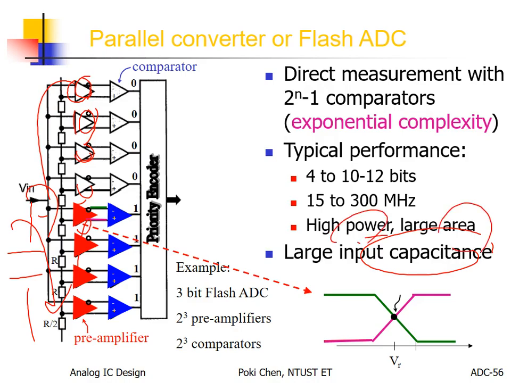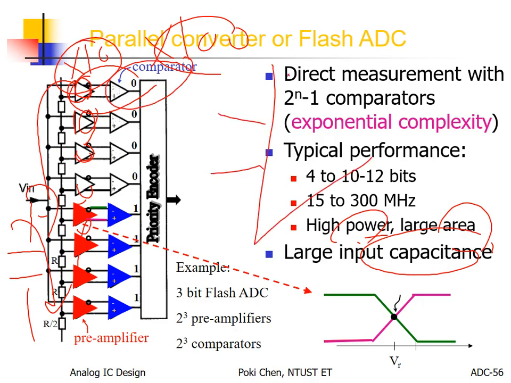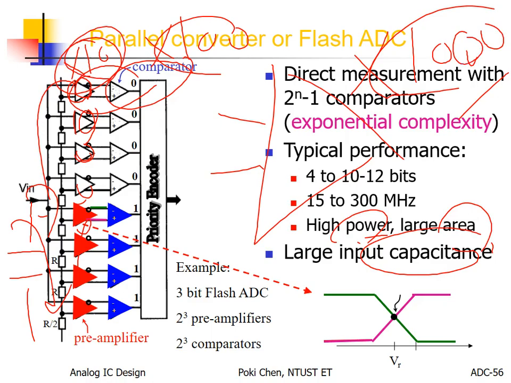Okay, so how to solve it? Again, such a structure is better than only one comparator. Why? Because as I mentioned here and there, for the preamplifier, the gain is much smaller than the comparator, even smaller than a single comparator. For a single comparator, you need 1,000. But right now, for the preamplifier, you only need 10. 10 compared to 1,000 means 100 times reduction in gain.